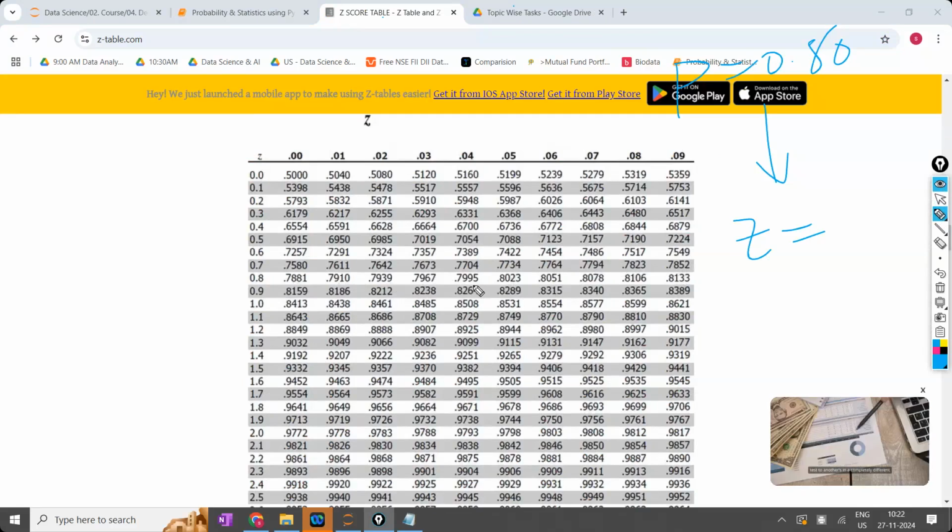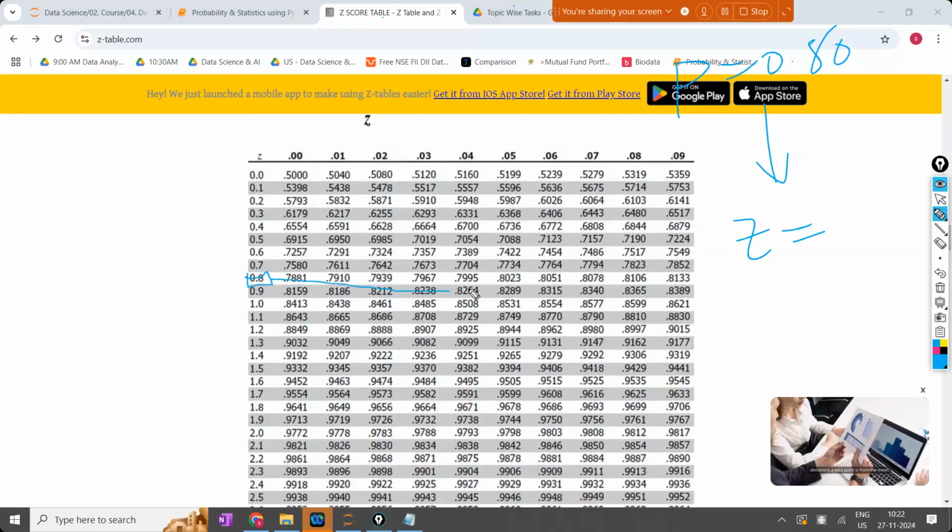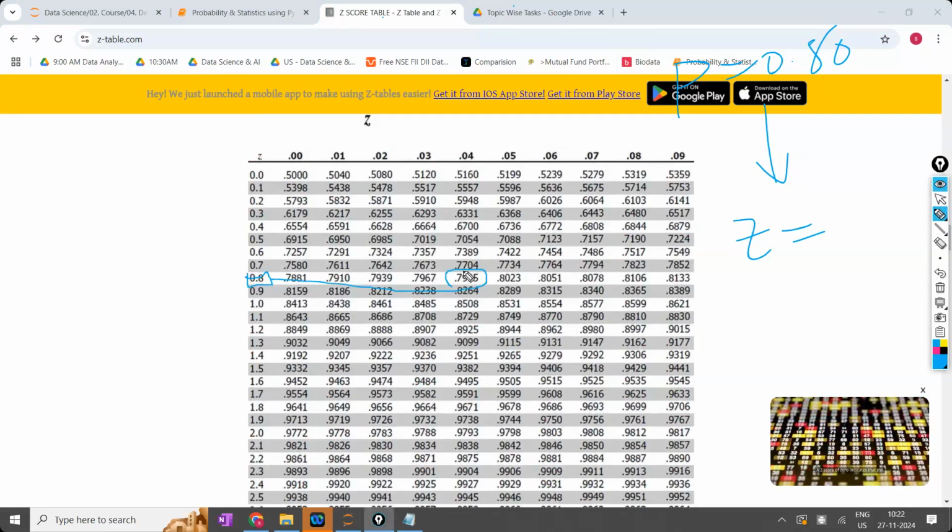So 7995 means the round figure is 0.80, or 0.8023 is also there. So it is a round figure of this one, which is 0.8, 0.8, this one, 0.84.